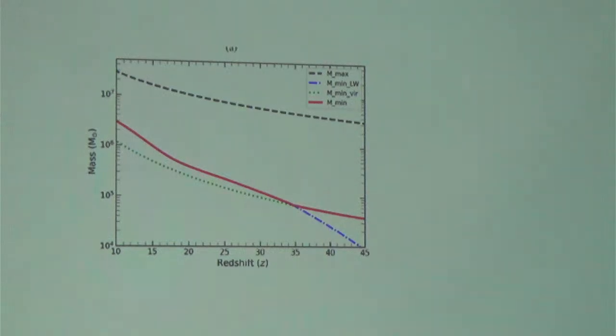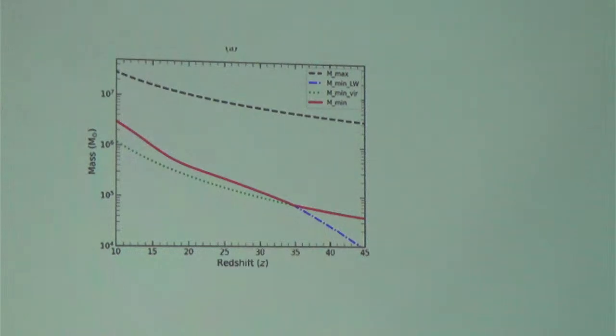But once they form Pop3 stars, they will emit Lyman-Warner photons, and those photons will destroy H2. So this fraction criteria that I have explained to you. So that halo had this minimum fraction of hydrogen molecules, but those photons destroy the hydrogen molecules.